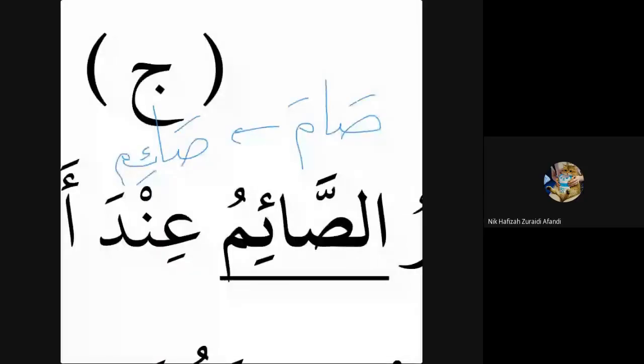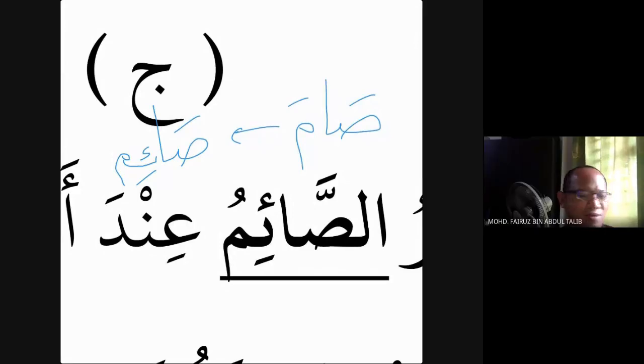Okay, can you see the screen now? No, Ustaz. Belum lagi. Okay, can you see? No, Ustaz. Dah keluar, dah keluar. I was at the university just now, but suddenly the internet went down, so I had to come back to my house.